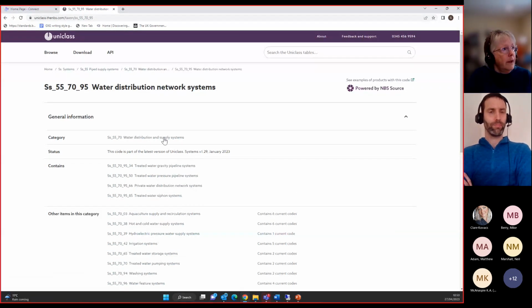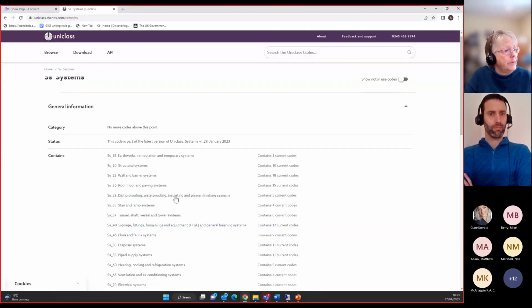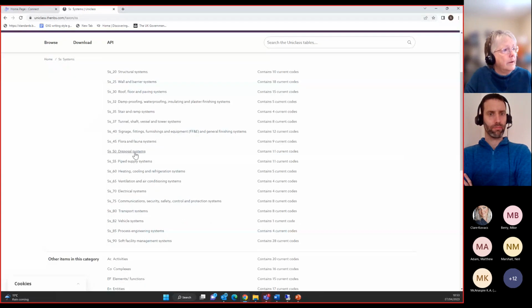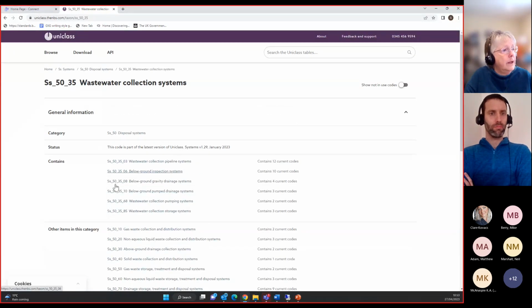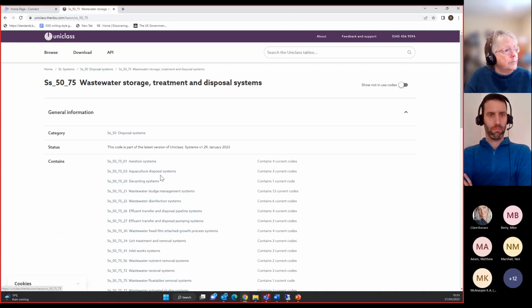So, looking at the wastewater, we've got wastewater collection here, all the different parts. Again, some of these are more geared up for the consumer side of things. But then this area here is predominantly aquaculture.